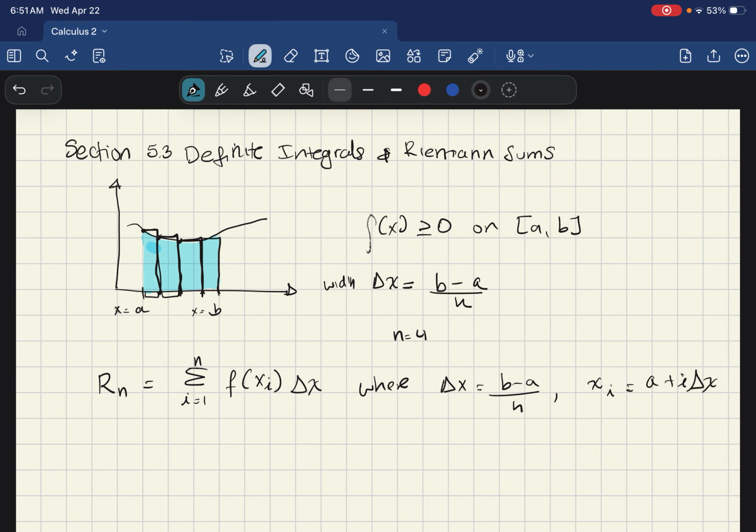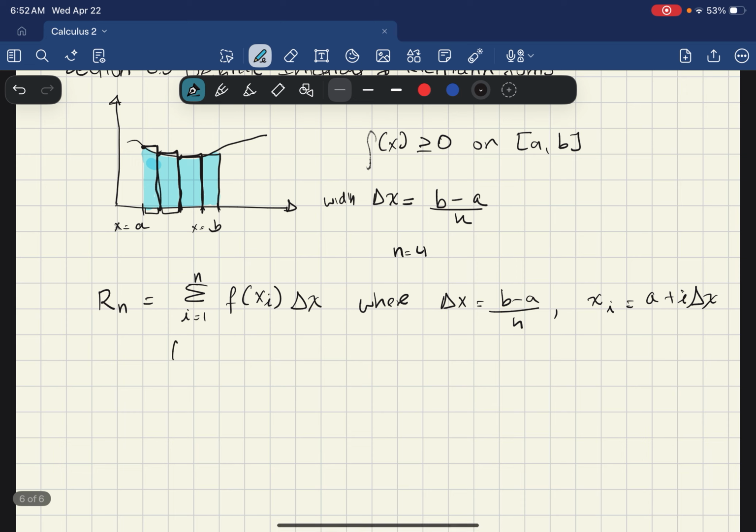This seems like quite a bit, but we're going to do an example and work this out. As n goes to infinity, so as the number of rectangles increases, the Riemann sum approximates the actual definite integral from a to b of f of x dx.